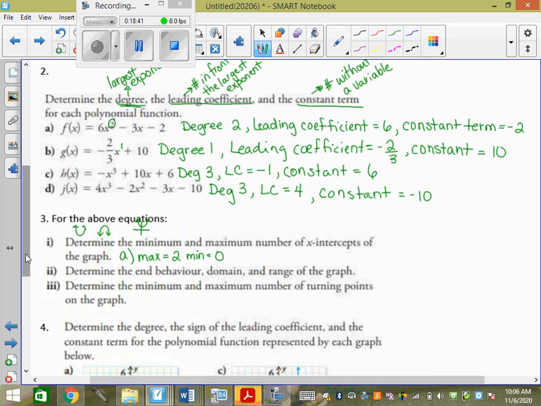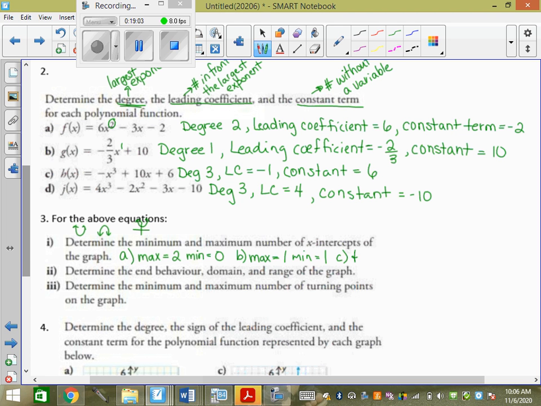Okay? So for B, what's my maximum number of x-intercepts if it's a degree 1? 1, because my maximum is always equal to my degree. And what's my minimum? 1, because it goes like this, so it has to go through at some point.